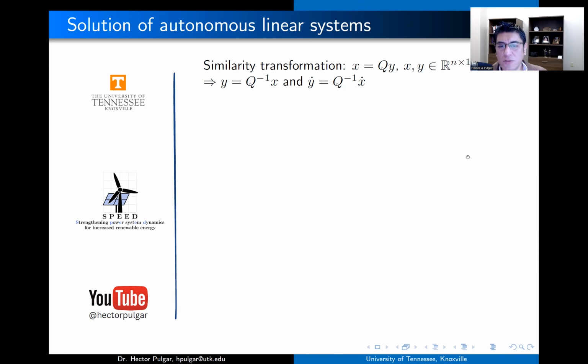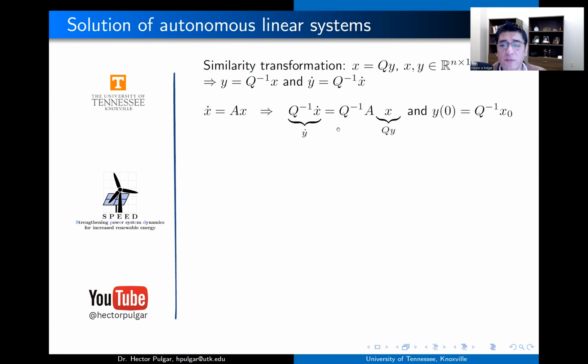How do we obtain the transformation? We take the original set of equations and multiply from the left by Q inverse. As you can see on this side, the system is now transformed into a new set of equations where y dot is equal to the matrix Q inverse A Q multiplied by y.